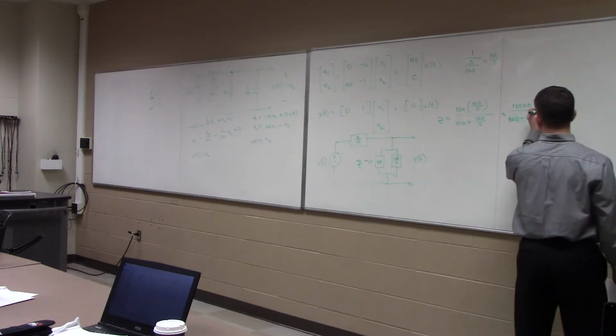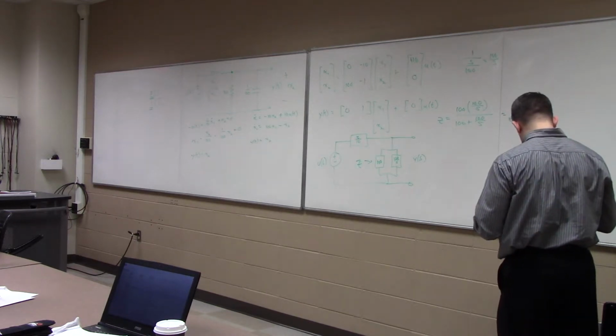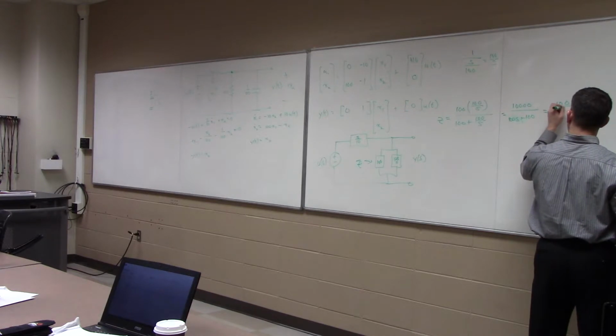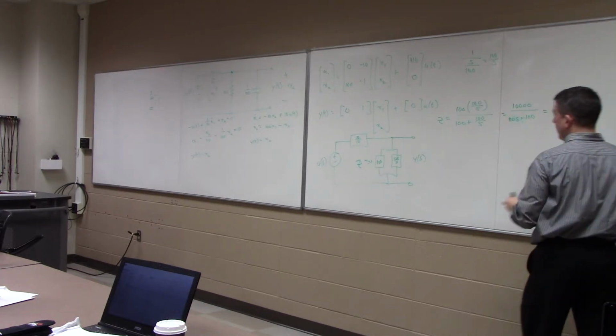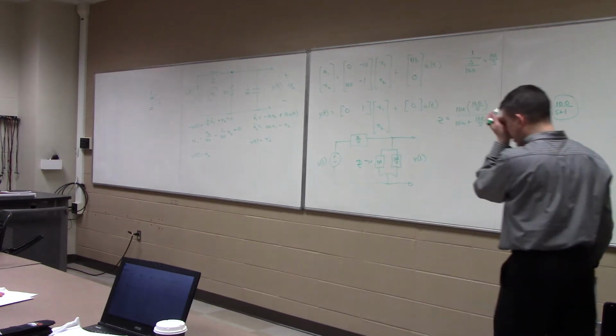And then if I simplify it, I'll get, this looks weird. This is right. Okay, so this parallel combination Z is just 100 over S plus 1.